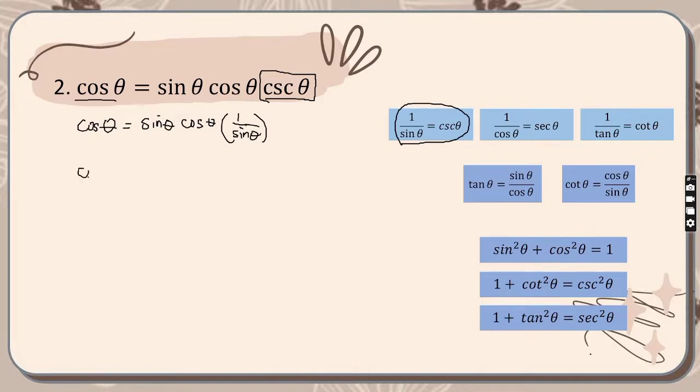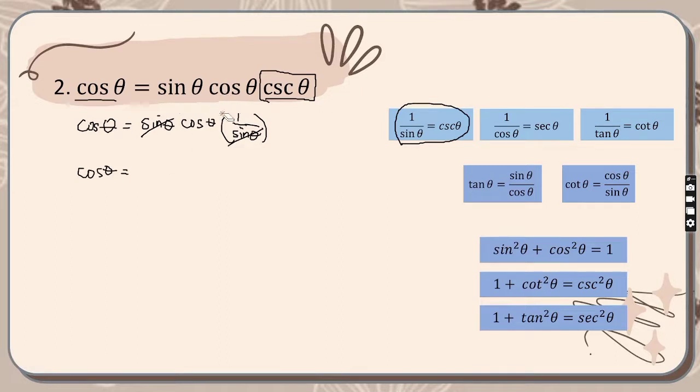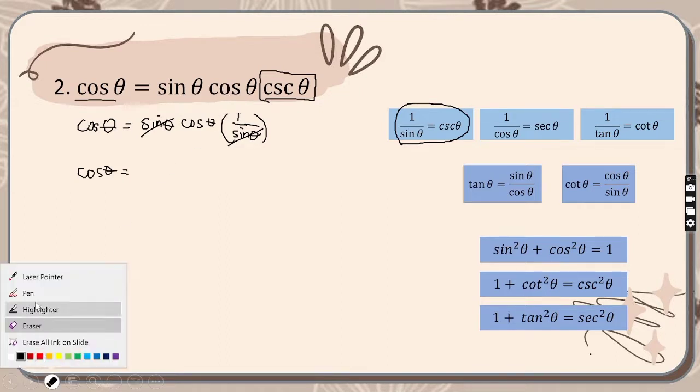So, copy muna natin yung cosine theta is equal to, then, in this operation, pwede na natin i-cancel yung sine theta. Kasi sine theta times 1 divided by sine is 1. So, pwede na natin siya i-cancel yung sine sa taas at yung sine sa baba.